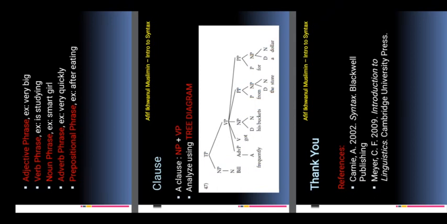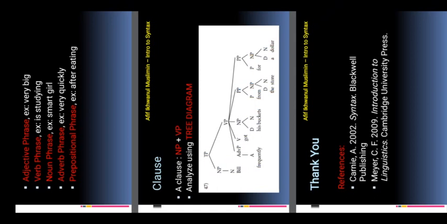Based on the book, a clause consists of at least one noun phrase and verb phrase. Or we can say a clause at least must have an independent clause. We will not discuss how to analyze the clause, but I would like to give you an example of the analysis of a clause.